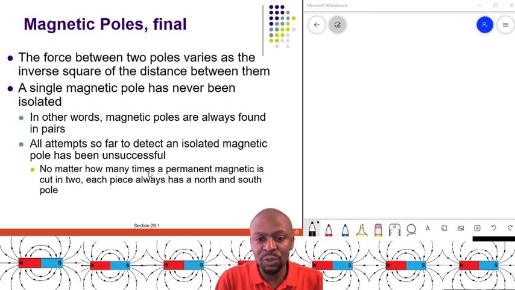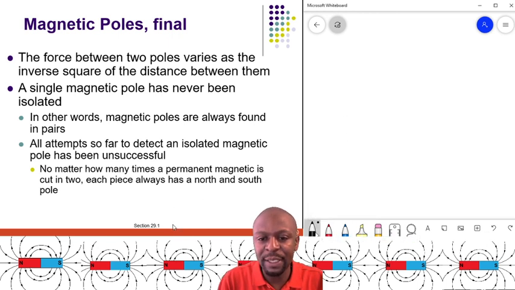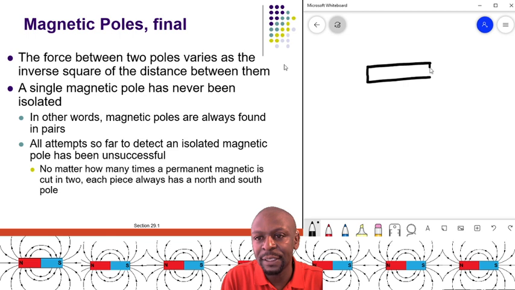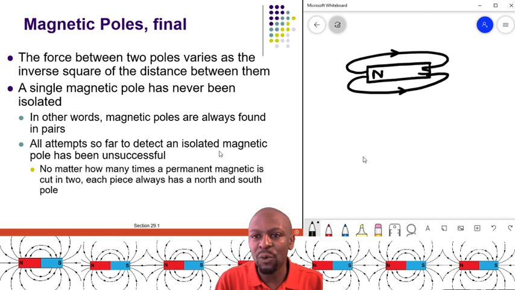I just want to show you a piece of magnet here, like from your high school. You remember, if you have a piece of magnet, it always has a north and a south, and the magnetic field will always be carried away from north to south. I will just draw only one. So this is how magnetic poles always are.